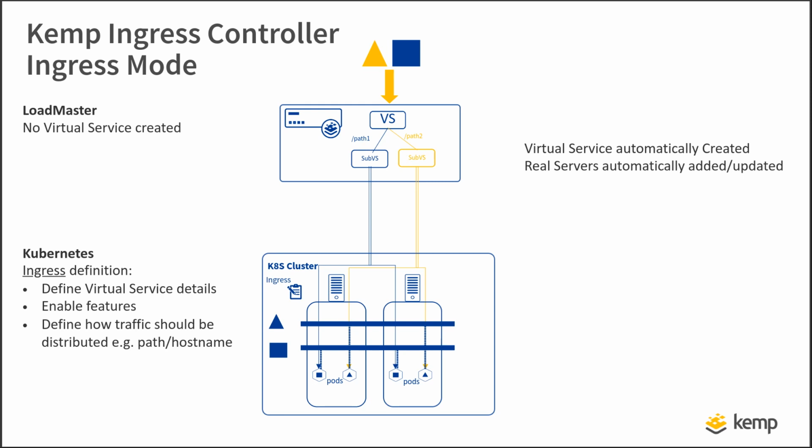And when you do this, you're effectively saying this Kemp LoadMaster, which is outside of Kubernetes, is going to implement all these rules as I've defined. And when I update those rules, the Kemp LoadMaster will react. It might have to add more paths to the VS, or scale up the real servers, but it's all automatic. That's really cool. Awesome.